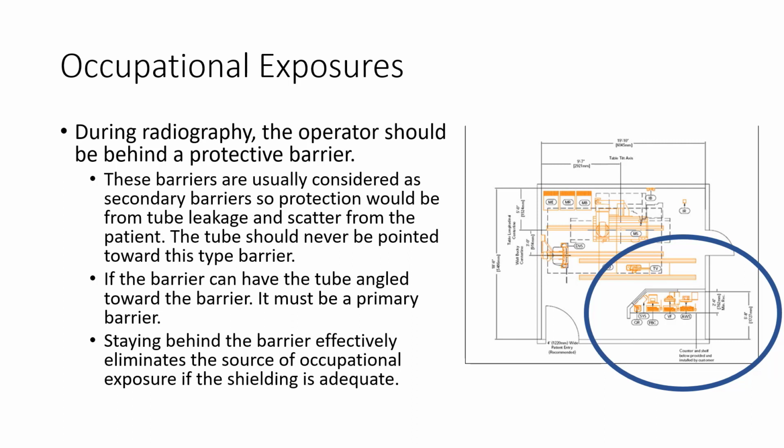The tube should never be pointed toward this type of barrier. Staying behind the barrier effectively eliminates the source of occupational exposure if the shielding is adequate and no PPE, lead vests, or lead aprons, etc.